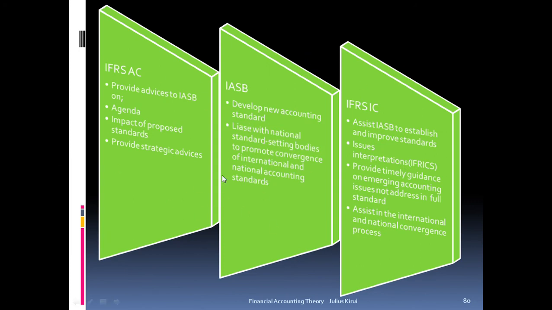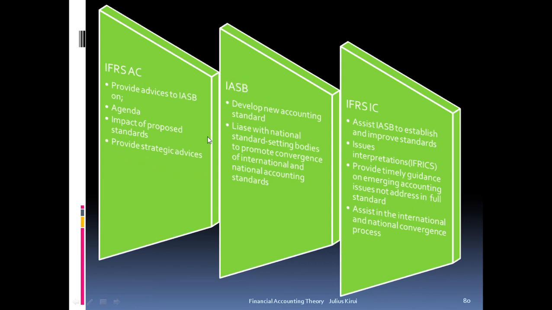These are bodies which are built in accounting standard setting. We have the International Financial Reporting Standard Advisory Council, the International Accounting Standard Board, and the International Financial Reporting Standard Interpretation Committee. The Advisory Council provides advice to the International Accounting Standard Board on agendas, the impact of proposed standards, and provides strategic advice.